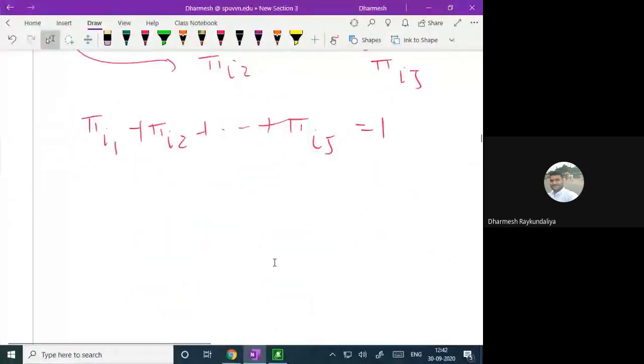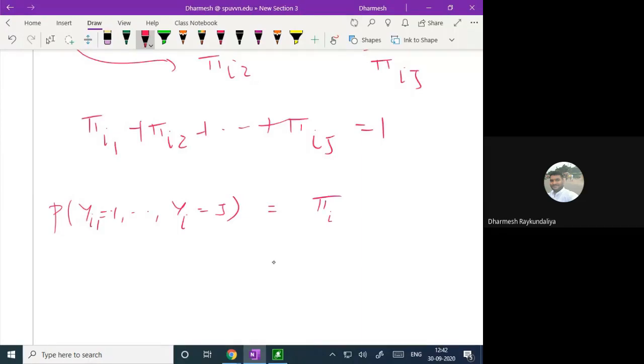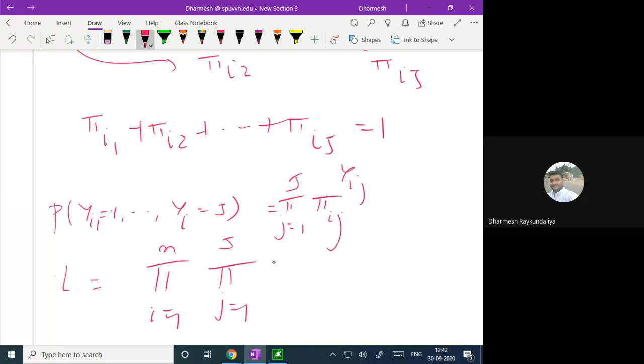The probability of y_i1 up to y_iJ is nothing but the product of pi_ij raised to y_ij, j equal to 1 to capital J. And if you have n observations, then the likelihood is the product over i running from 1 to n and j running from 1 to capital J of pi_ij raised to y_ij.